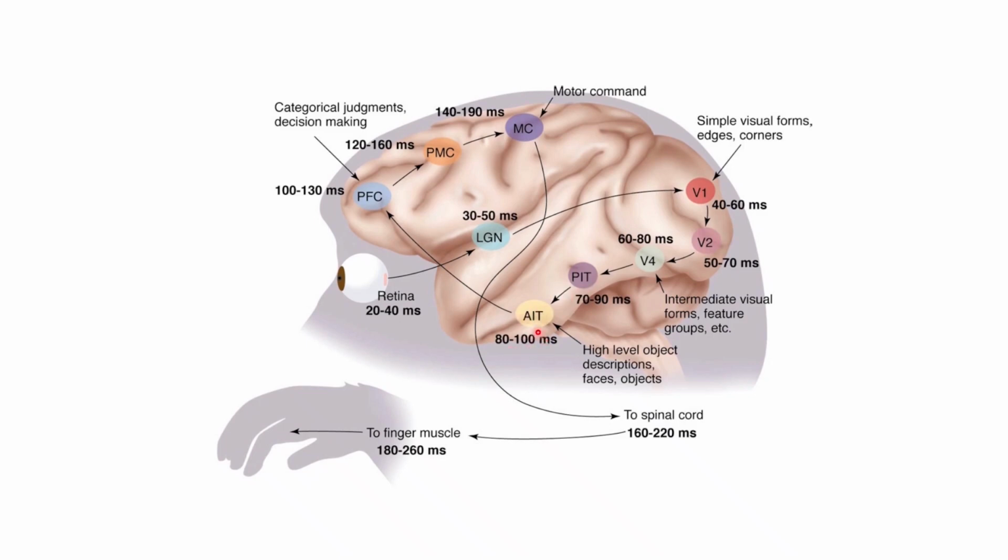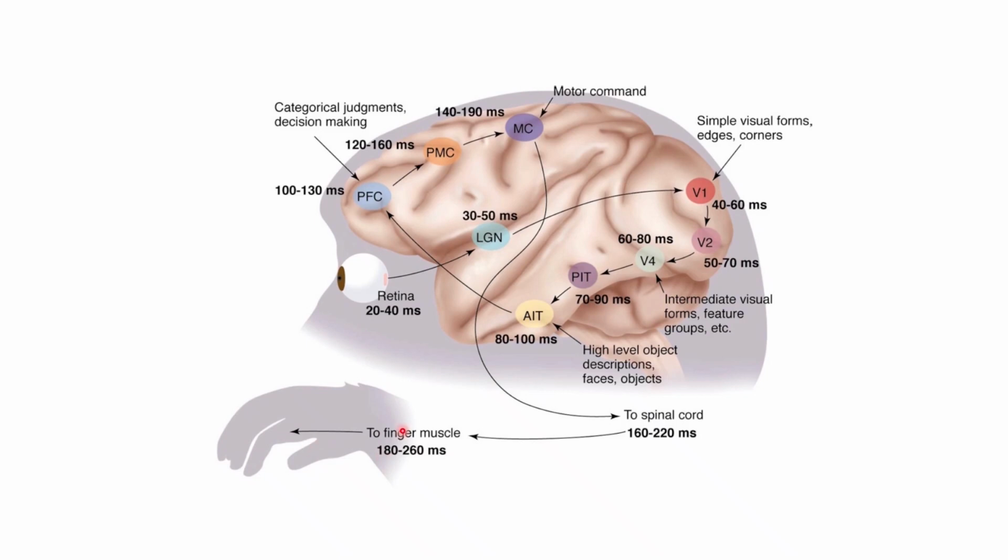And then the signal goes to prefrontal cortex, and then it goes to premotor cortex, and then ultimately to the motor cortex, where a motor command is generated, and then the signal is passed down through the motor neurons in the spinal cord. And then by the time it reaches the finger muscle from the spinal cord, 200 to 250 milliseconds may have passed, and then the finger moves or the hand moves.